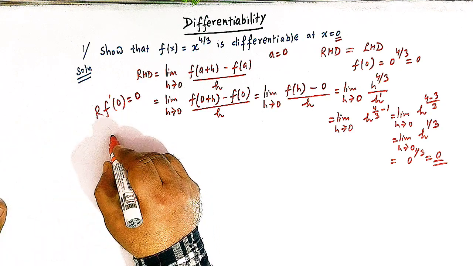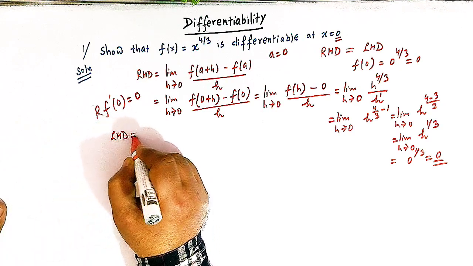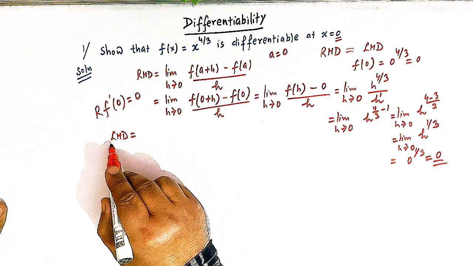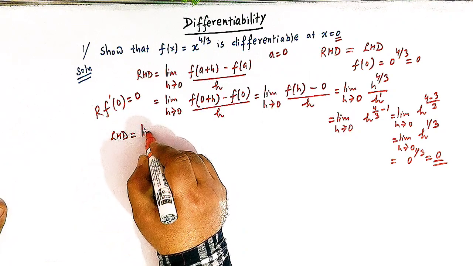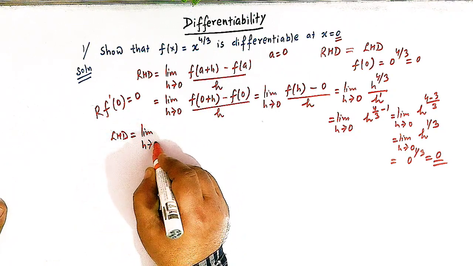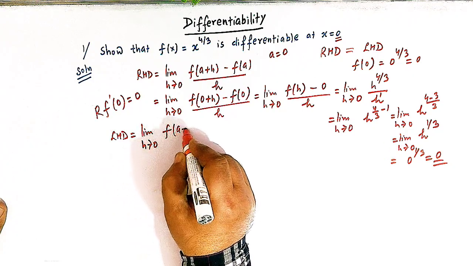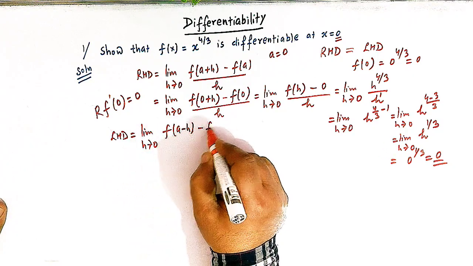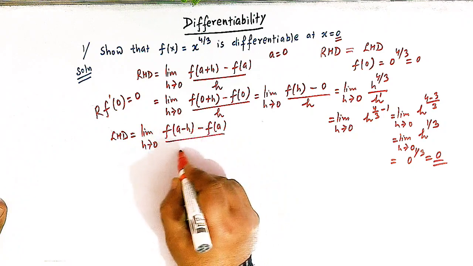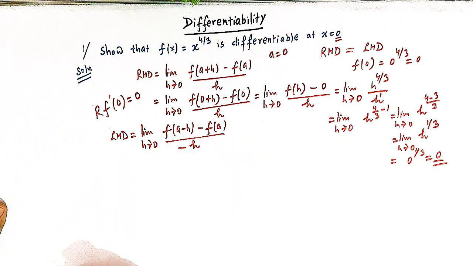Now let us find out the left hand derivative. The definition of left hand derivative goes like this: limit h tends to 0, f of a minus h minus f of a divided by negative h.